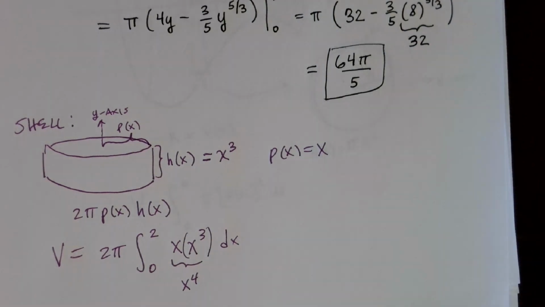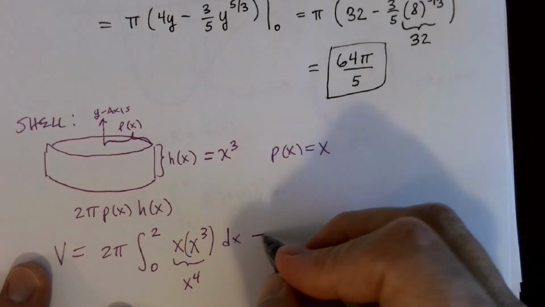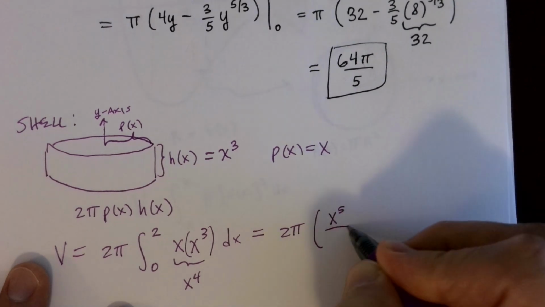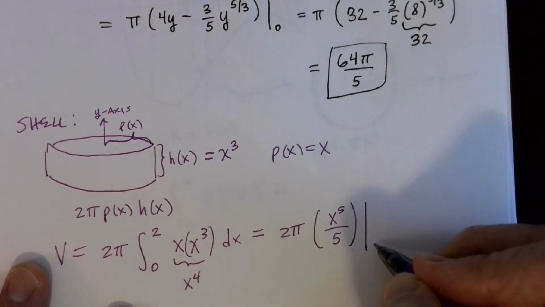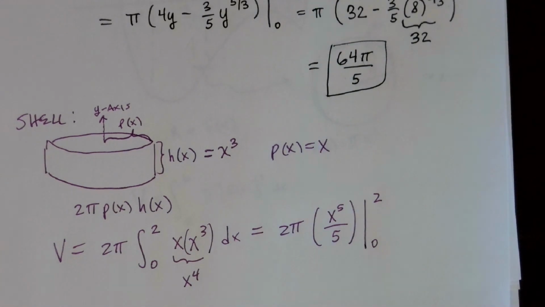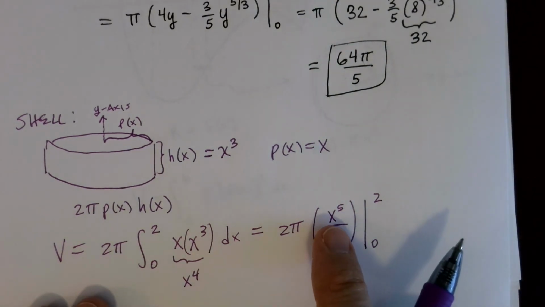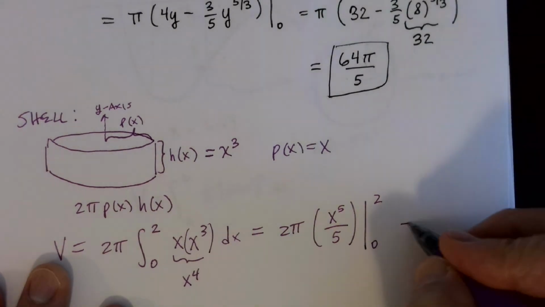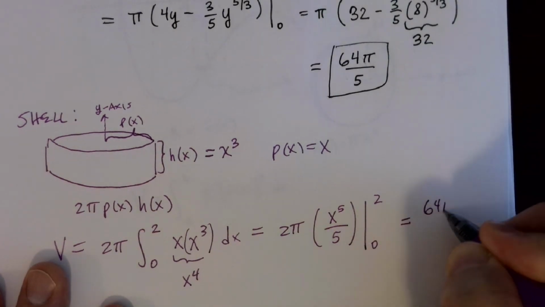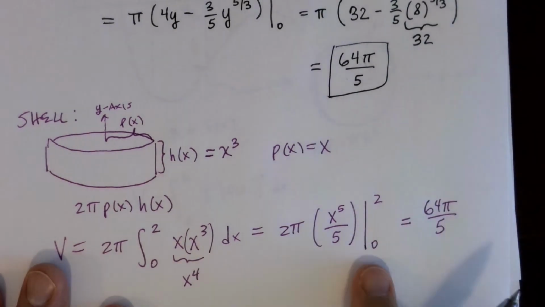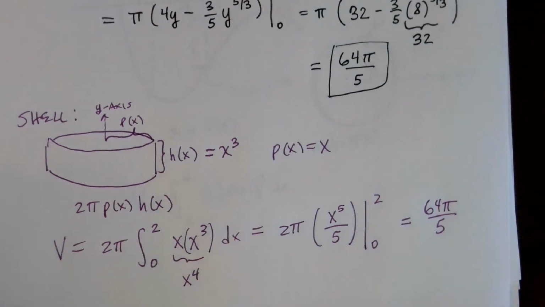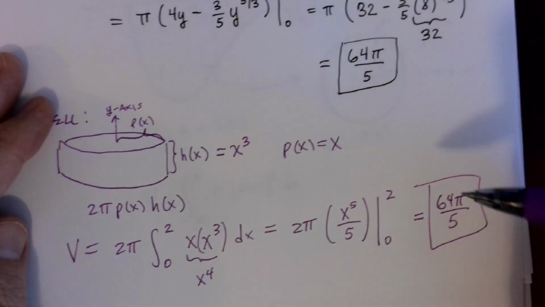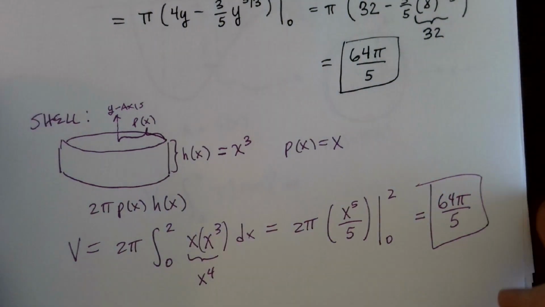What's the antiderivative of x to the 4th? x to the 5th over 5. Plug in at 2, I get 2 to the 5th is 32 times 2 is 64 pi over 5 minus evaluation at 0, which is just 0. And of course we get the same thing that we got with the disk washer method.